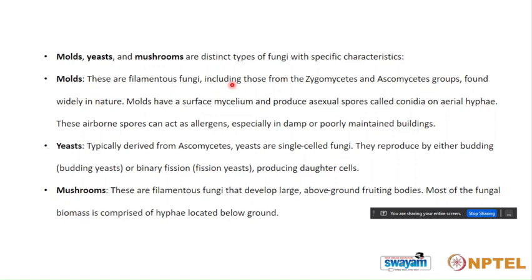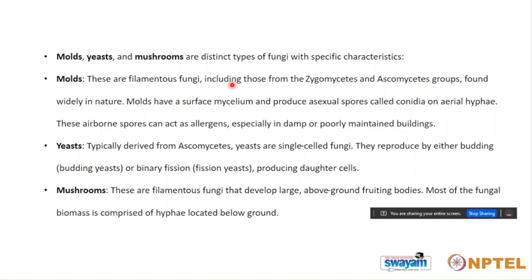And coming to the yeast, yeast comes under the class of ascomycetes. These are single-celled fungi. Usually these yeasts reproduce through budding or binary fission. In budding, a specific yeast will produce buds, and these buds will separate from the yeast.